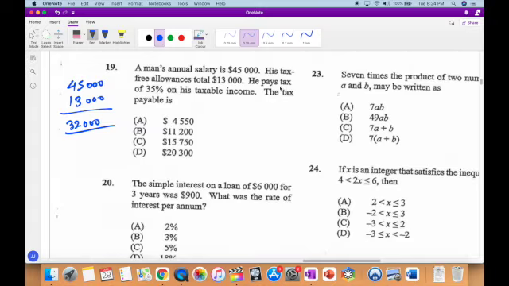He pays a tax of 35% on his taxable income, which is the 32. The tax payable is, so how much tax does he pay? Well, he pays 35% of 32,000. That's about $11,200 he pays in tax.